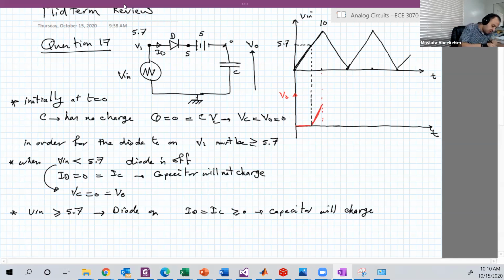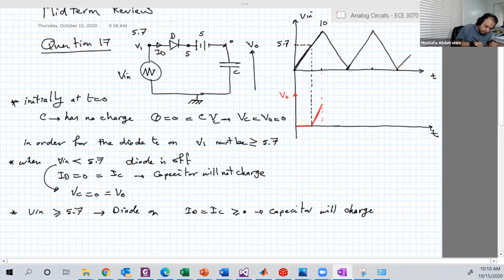And we can prove it analytically. So VC with these conditions is equal to V input minus 0.7 because the diode is on, minus 5. This is by Kirchhoff: this is VC, this is the 5, this is the 0.7, and this is V input.